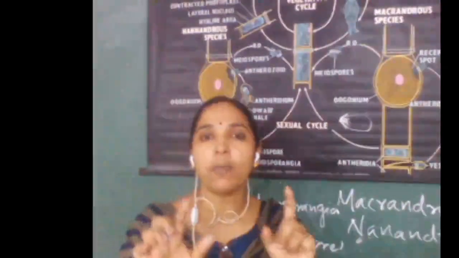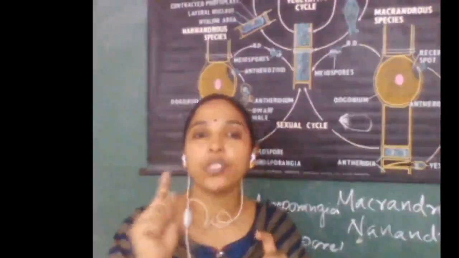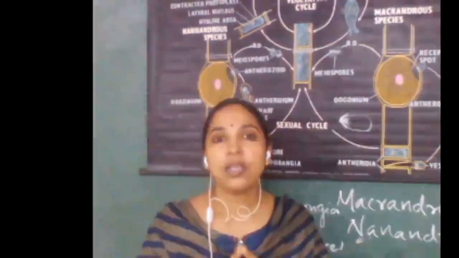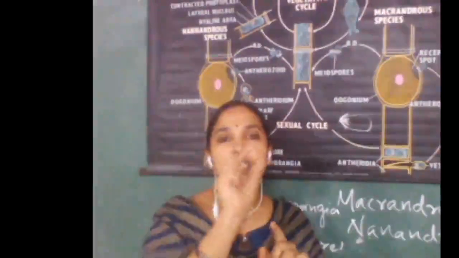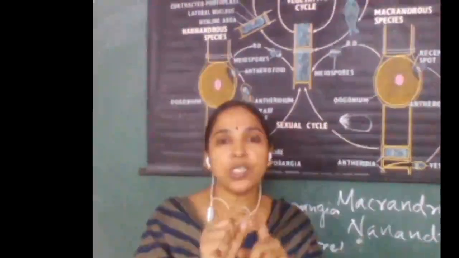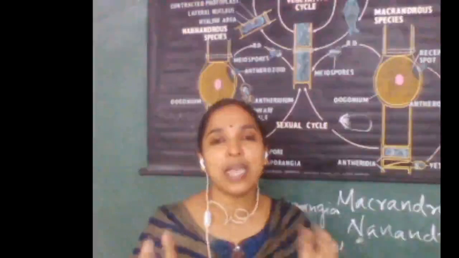How is the dwarf male formed? The dwarf male is formed by germination of androspores. Androspores are produced in androsporangia. If these androspores are produced in the same filament where the oogonium is present, that is Gynandrosporous. If androspores are produced in a separate filament, that is Idioandrosporous.